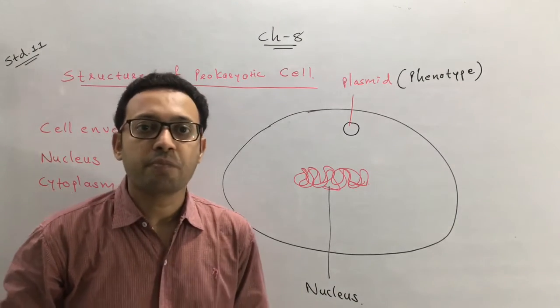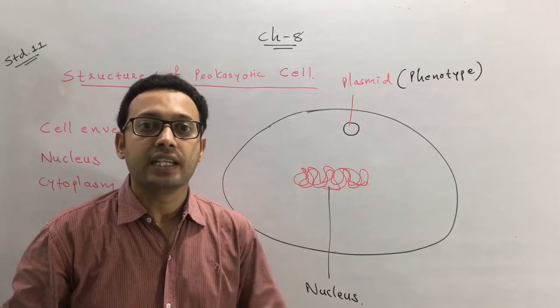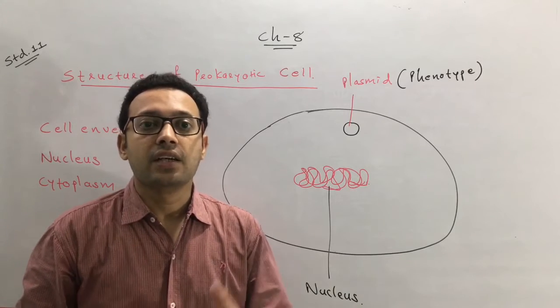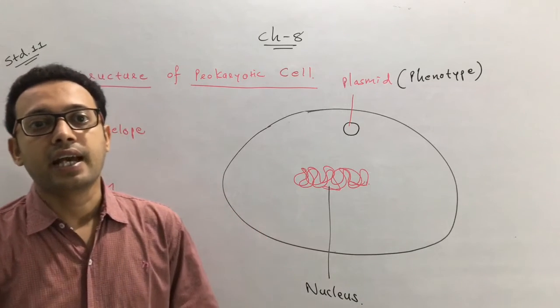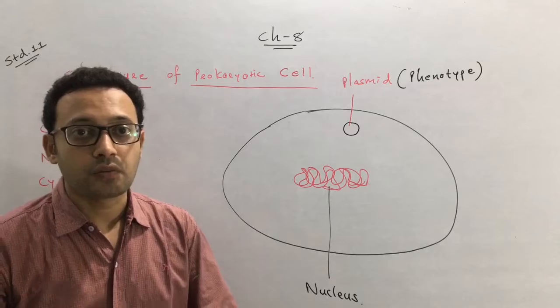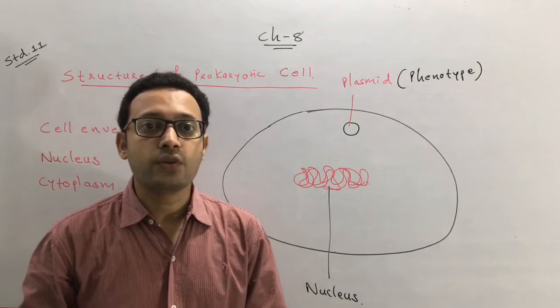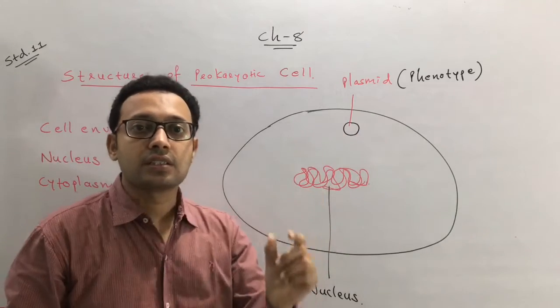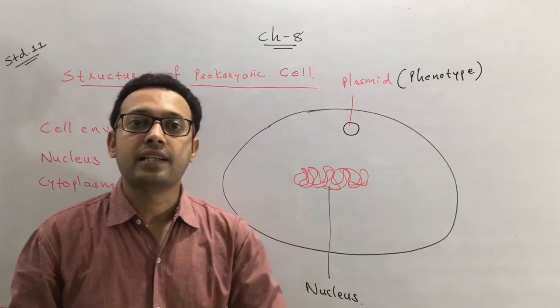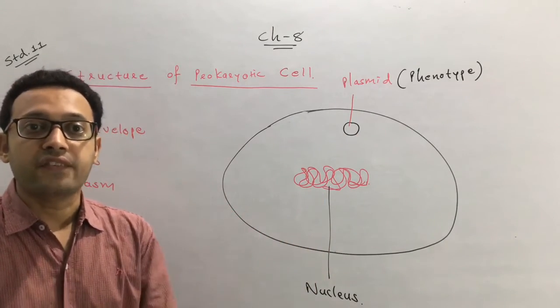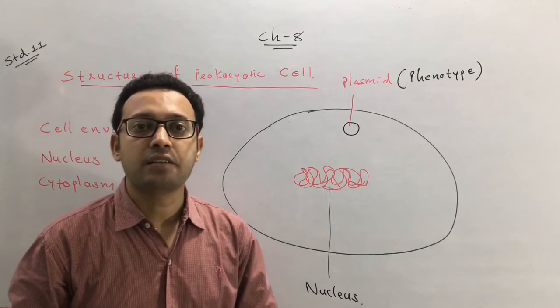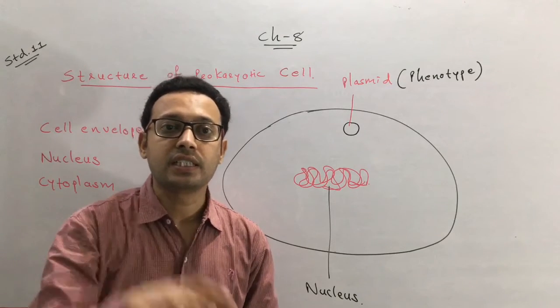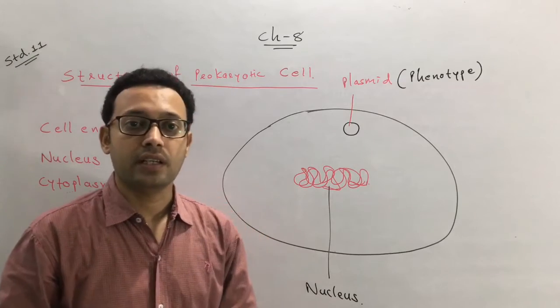One of the most important phenotypic characteristics it can give to a bacterium is resistance against antibiotics. I again repeat, one of the most important phenotypic characters acquired through a plasmid is resistance against antibiotics. It means that if it acquires resistance against antibiotics, the antibiotic doesn't kill such a bacterium.